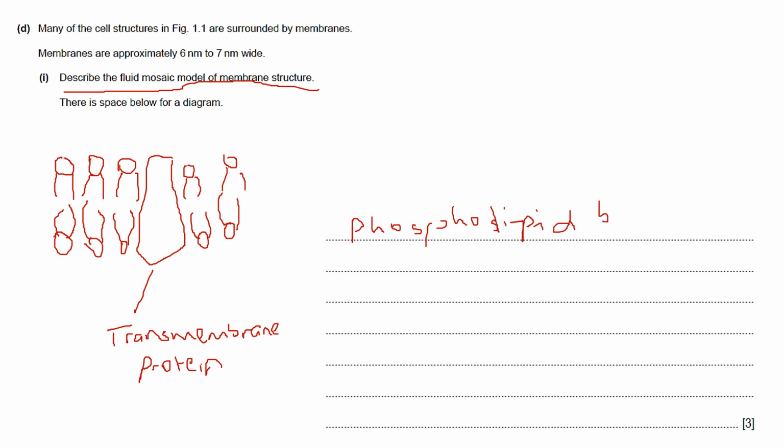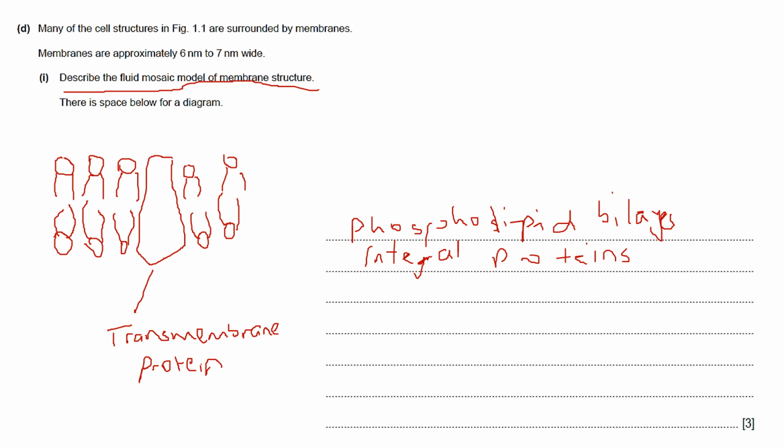All right, so that's the most important one. Make sure you don't miss that. And then you also need to explain that it has these integral proteins, which are the transmembrane proteins, or you can also call them integral proteins. Now, in this case, if you look at what has been done in terms of asking you the question, they haven't really said whether or not you get a mark for drawing the diagram or not.